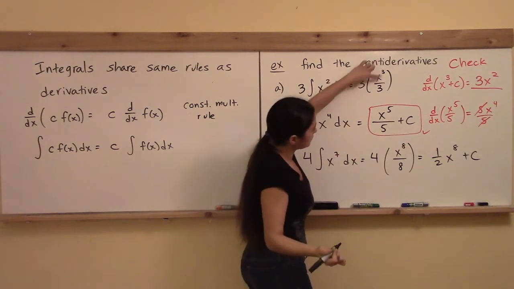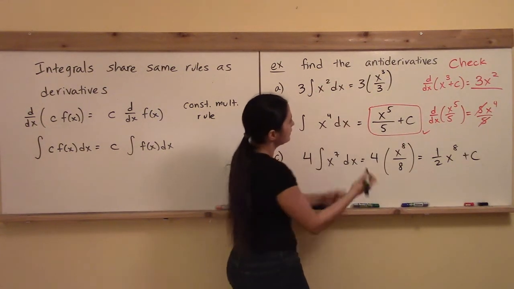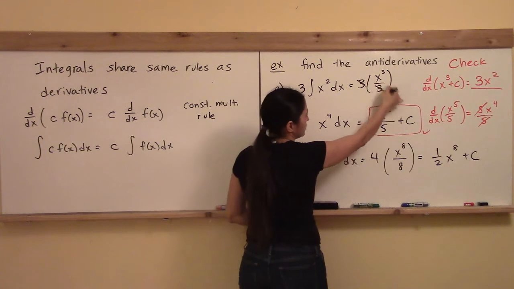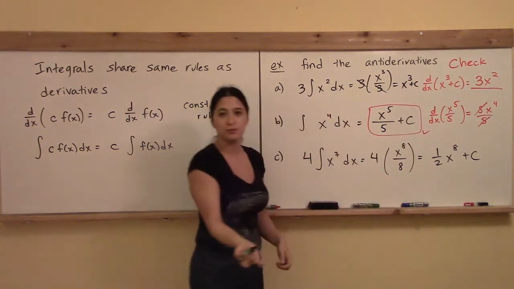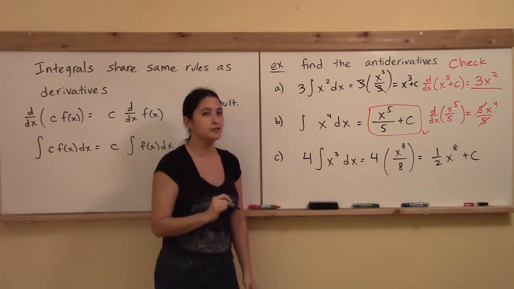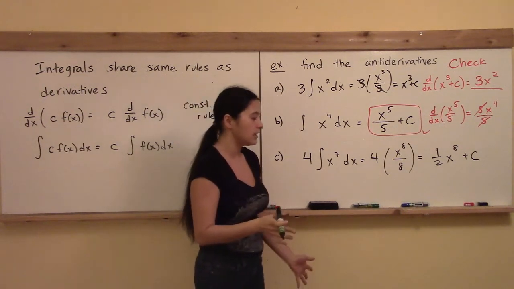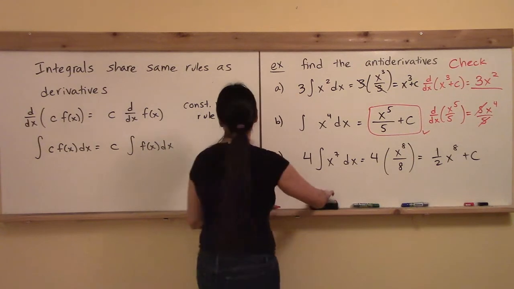That 3 matches with that 3 so that they would cancel out, and the 3 that I pulled outside is just waiting for me right there, and so it's still x to the 3 plus c. This is a very handy rule. You might want to use this rule all the time, so keep that in mind.